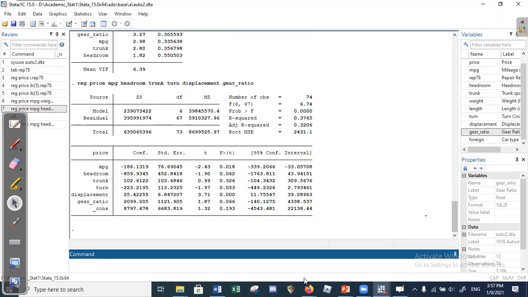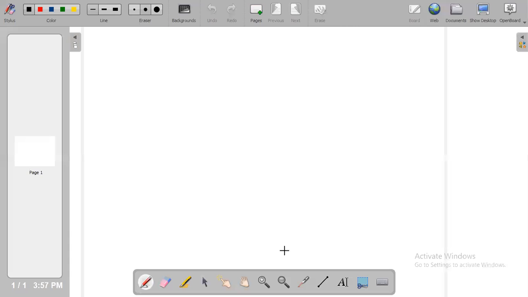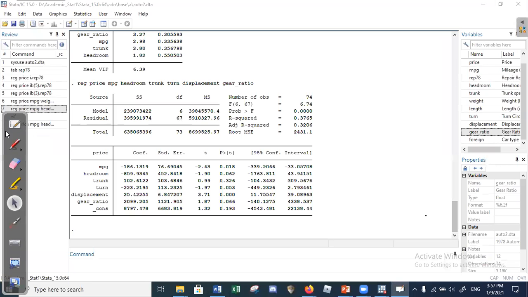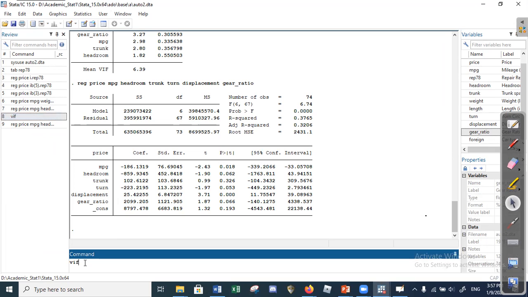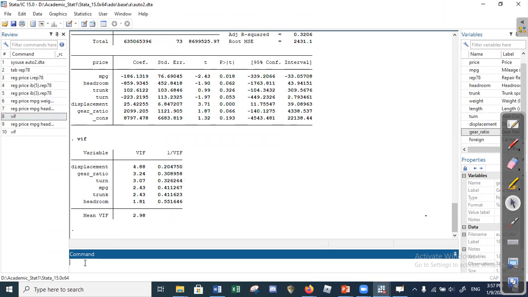Now I should check the VIF for this model and see whether any VIF value is more than 10 or not. So again, I would just type VIF here, or click VIF from the review window, or type VIF in the command window. Now you see what is happening.